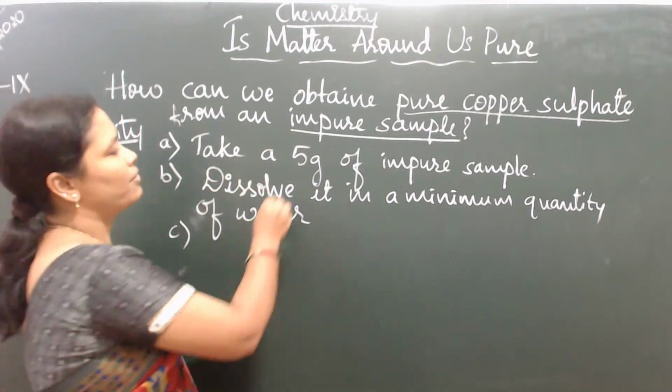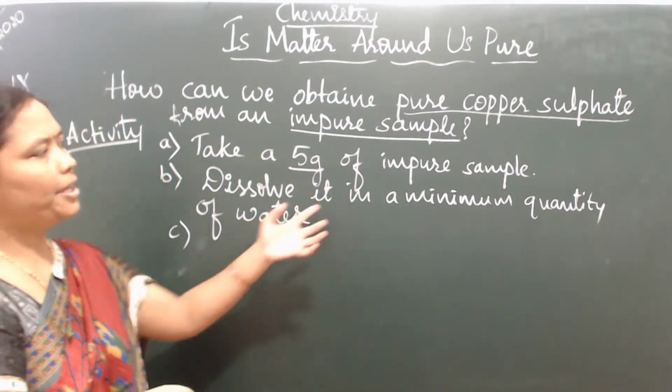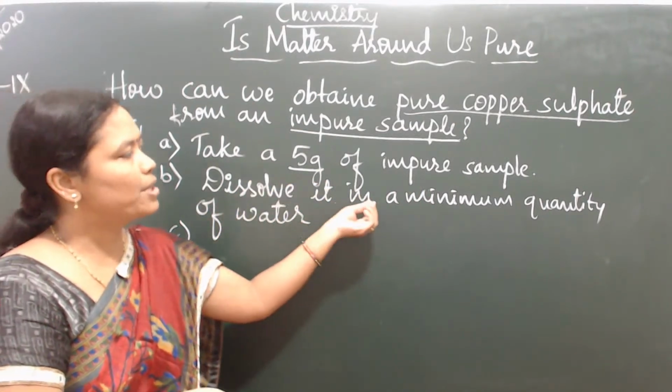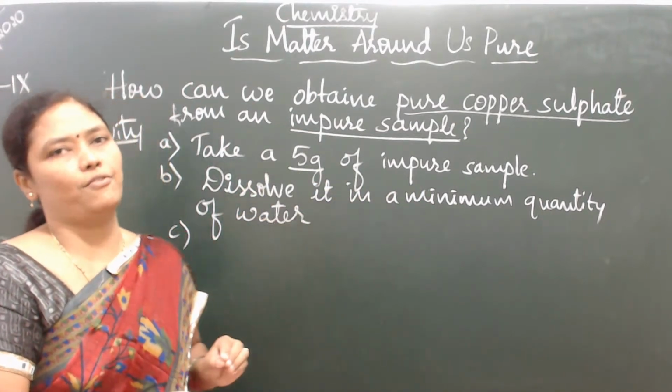Here we have taken 5 grams of the impure sample and dissolved it by using a small amount of water.